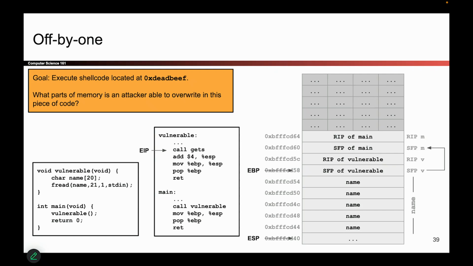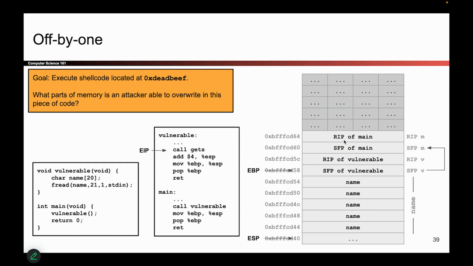One tiny note that sometimes people bring up, but it is not the most important thing here. If you take an operating systems class like CS162, you might realize that actually, when the operating system calls main, it doesn't really have an RIP and an SFP. It does some other fancy things so that you can return back to the operating system. We're not an operating systems class, so I don't really care.